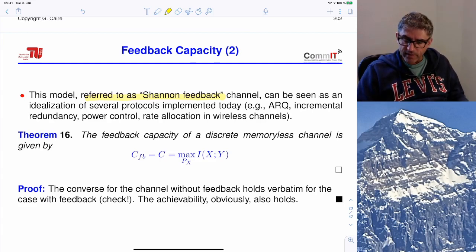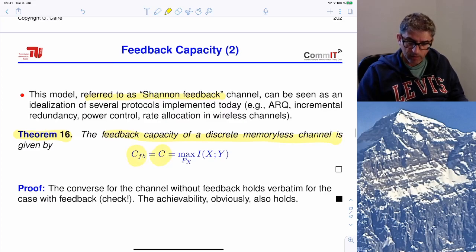However, there is an interesting thing here, that this theorem 16 says that for discrete memoryless channels with feedback, the feedback capacity is equal to the non-feedback capacity. So in other words, feedback does not increase capacity of memoryless channels.